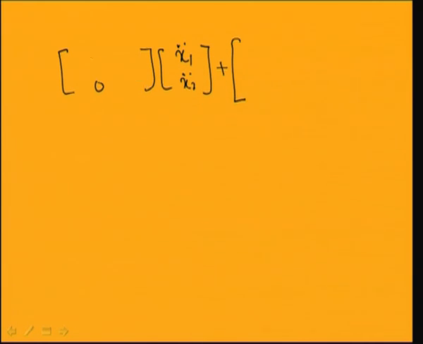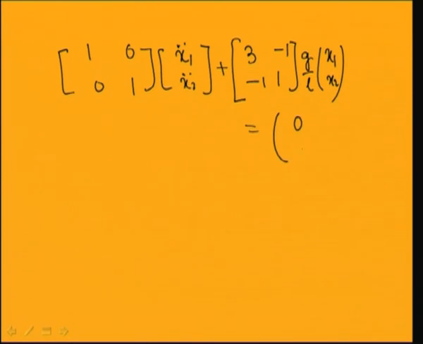So, it will become [1 0; 0 1] [x1 double dot; x2 double dot] plus [3 minus1; minus1 1] into g by L into [x1; x2] equal to [0; 0]. So, in this way you can get the equation of motion of the system.